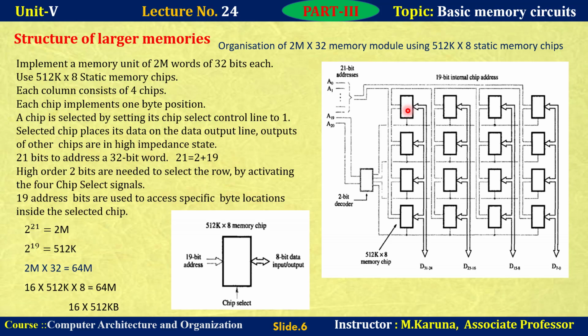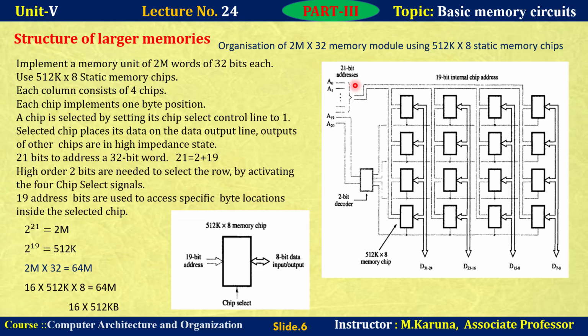Let us see how these chips are to be selected. A 512K x 8 memory chip requires a 19-bit address. Here 2 power 19 equals 512K, so 19 address bits are used to point to the 512K locations. We have 21 address lines. Let us see how these 21 address lines can be used in the case of the 512 KB memory chip.